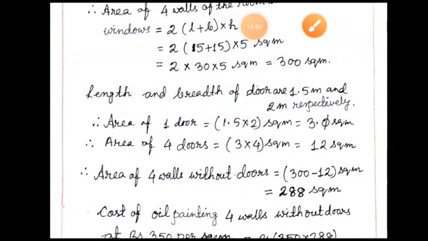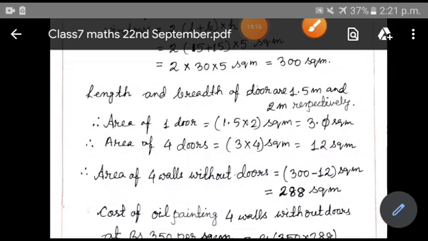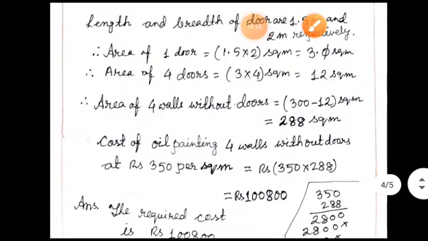This 300 square meter was the area of the 4 walls, and 12 square meter is the area of the 4 doors together. So the area of the 4 walls without the doors will be 300 minus 12, that is 288 square meter.